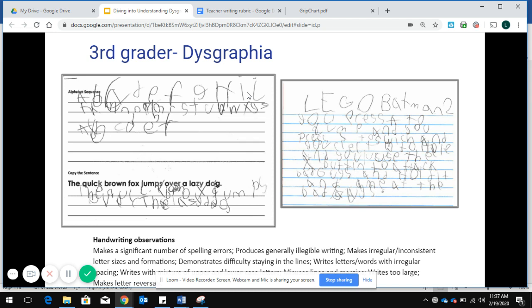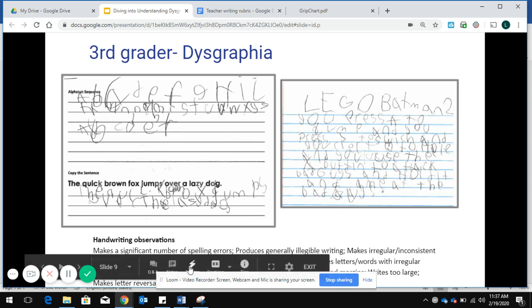Okay, so let's look at this third grader. He was referred due to concerns regarding handwriting. And I want you to consider those characteristics that we learned and what characteristics we are seeing in here. So we're seeing the inconsistency between the sides of the letters.